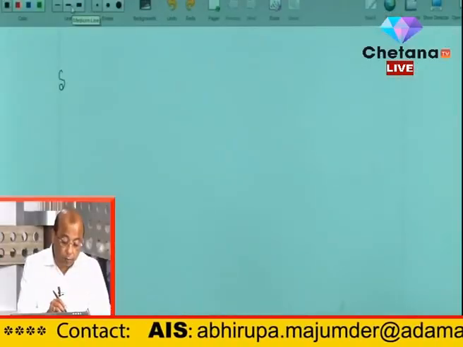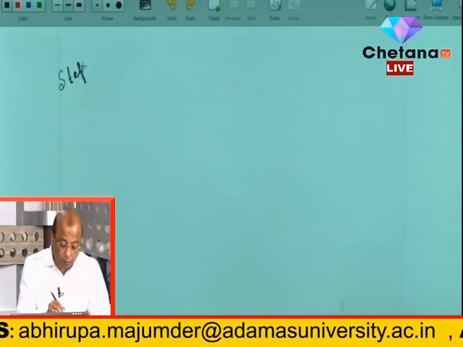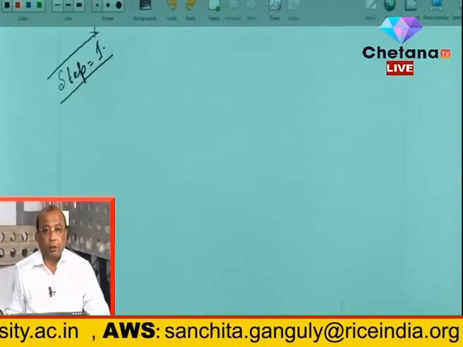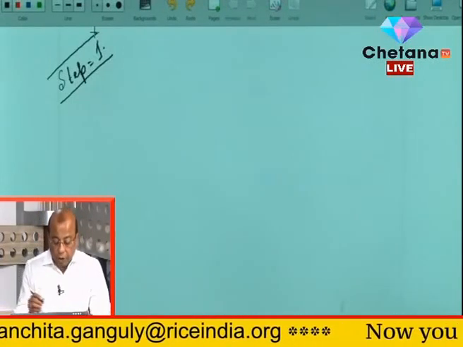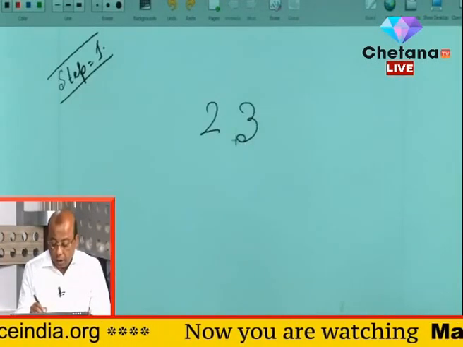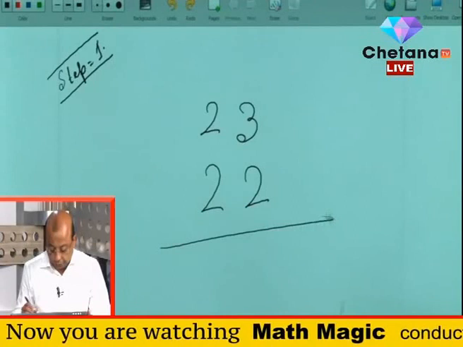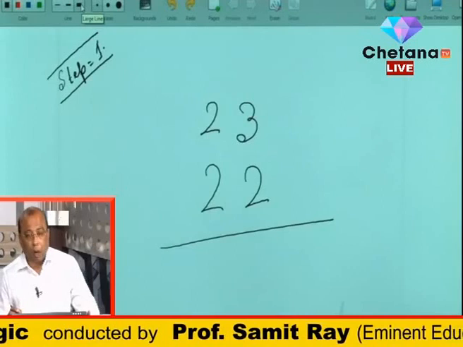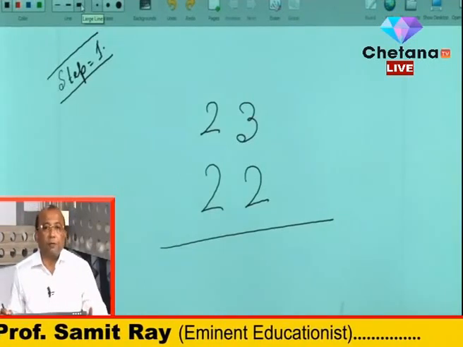Number one, I will explain how we can multiply any number of digits in a quicker way. Step 1, that is the method of multiplication. Step 1: 23 by 22. Generally we follow these multiplications in a different way.